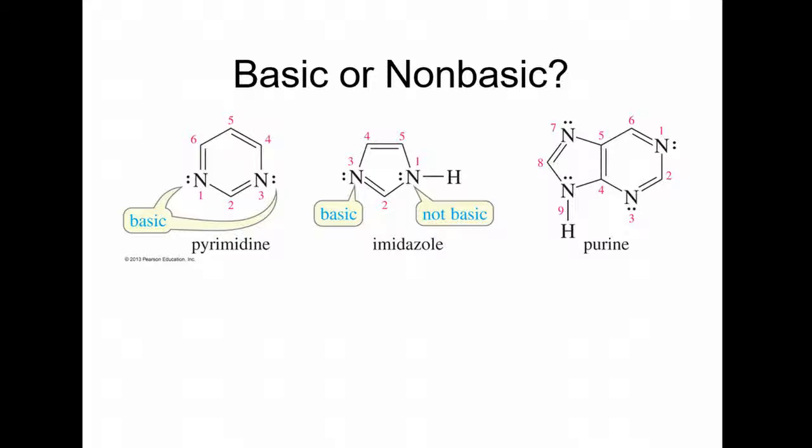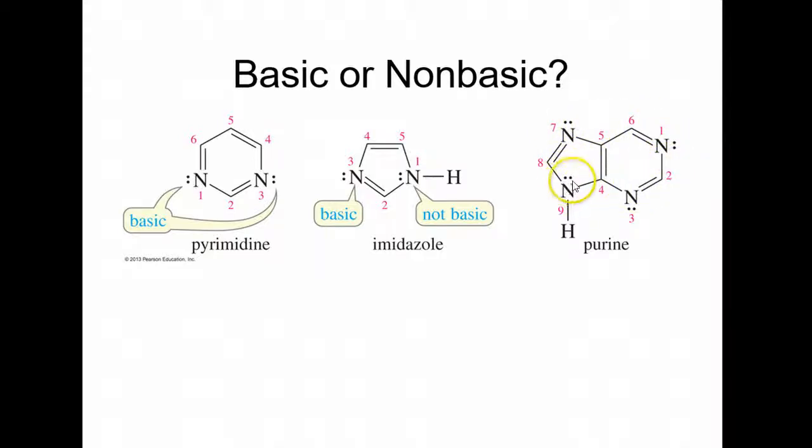Here's just to show you that when you have a compound, you can have different types of nitrogens, and how strong a base they are depends on that. If you have something like purine, you've got a bunch of nitrogens with lone pairs, but not all of these nitrogens act as a base.